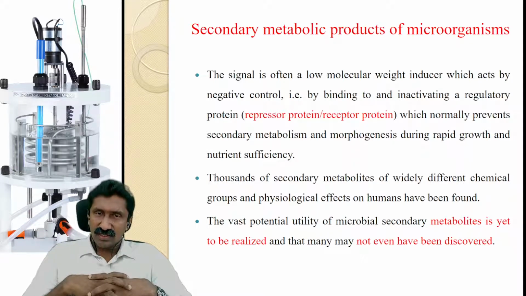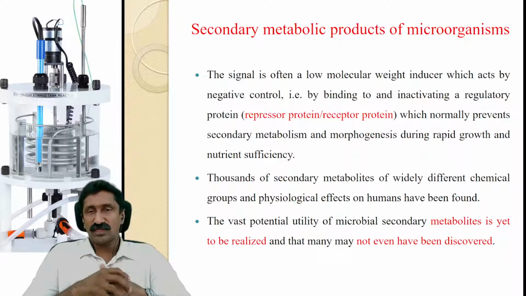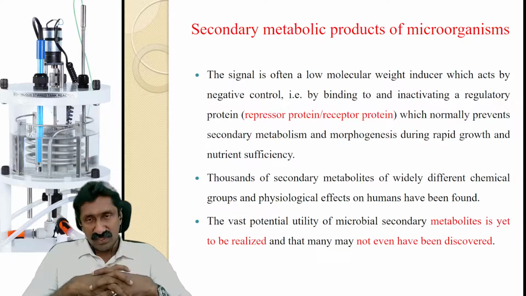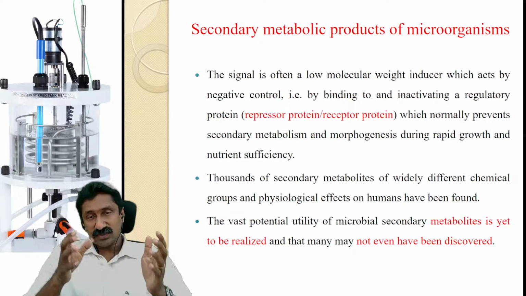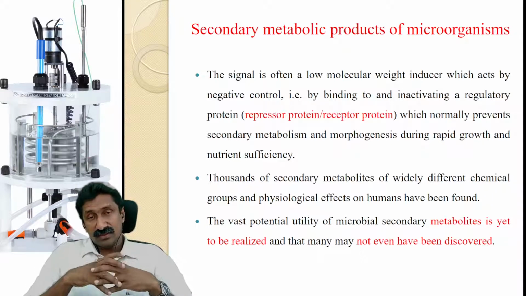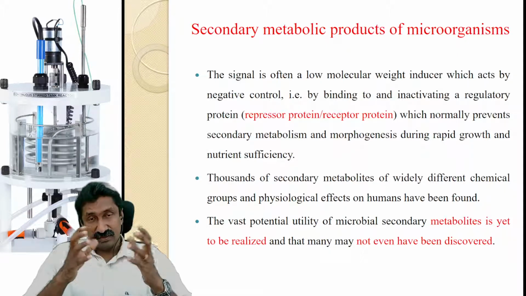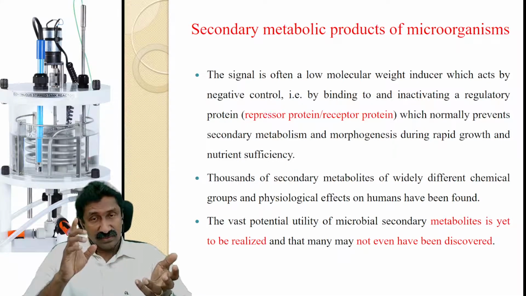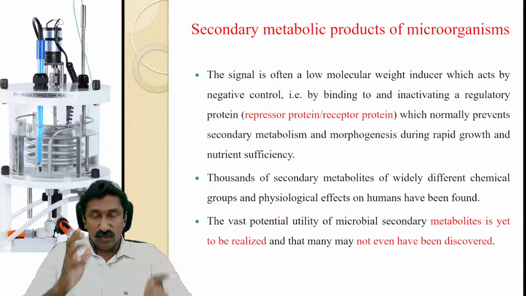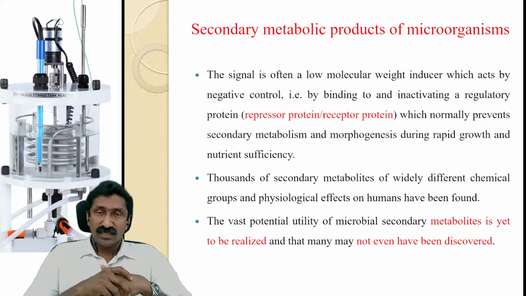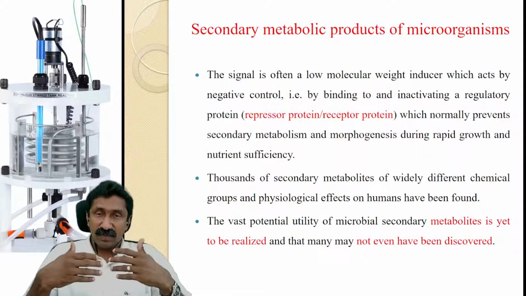Thousands of secondary metabolites of widely different chemical groups and physiological effects on humans have been found. So thousands of metabolites have already been reported, and the vast potential utility of these microbial secondary metabolites is yet to be realized. Many of these metabolites are yet to be discovered, because we require more efficient tools for the identification of such secondary metabolites, and also we require specific applications.